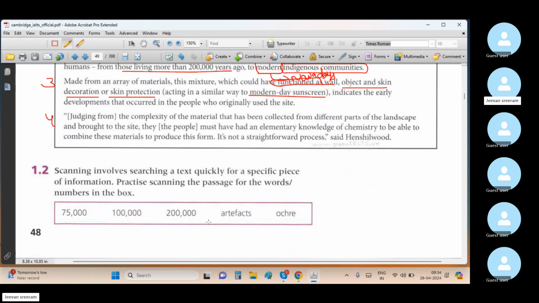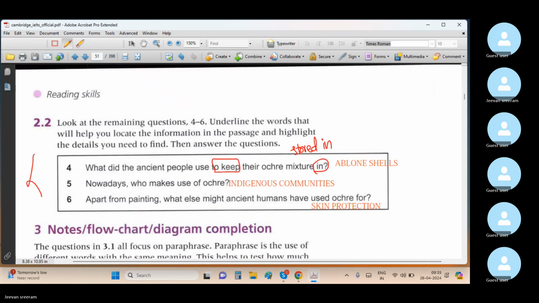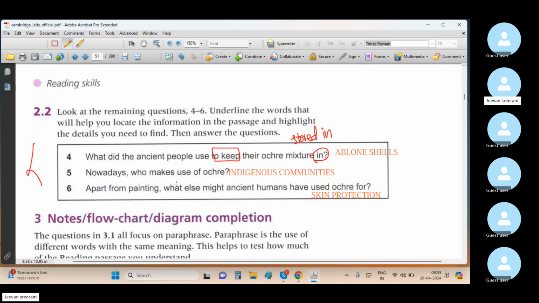So we have functioned as for the meaning used for given in the question. We have used for here.